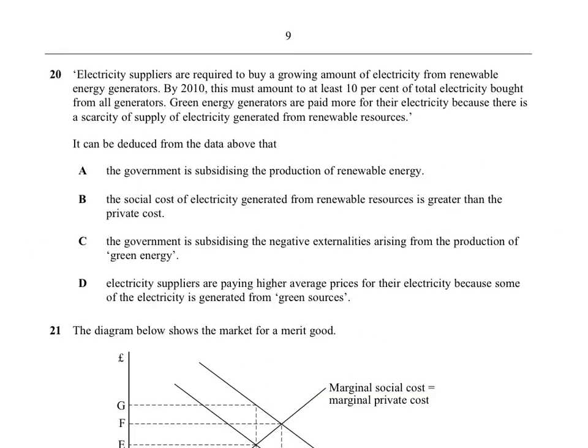Number 20, electricity suppliers. Okay, the style of this question, it can be deduced from the data. When you answer this type of question, there might be lots of possible answers which might be correct. However, the key thing you're focusing on is what can be concluded just using the data, nothing else.